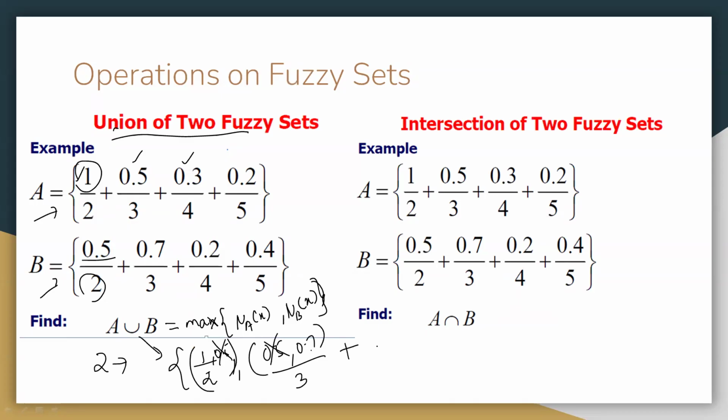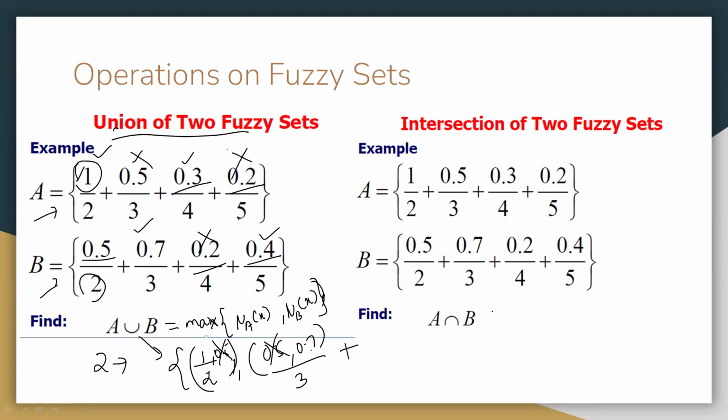And the next one, again, we have 0.3 and 0.2. We will not be taking 0.2. Next, for the element 5, we have 0.2 and 0.4. We'll be taking 0.4, but not 0.2. So this is how we created a union of A and B by taking the maximum of each element X among set A and set B. So that is the answer.